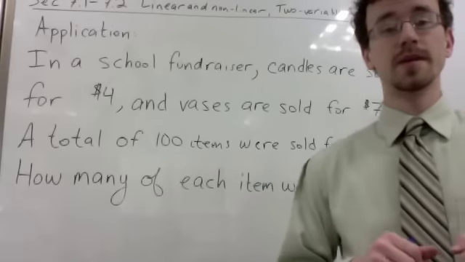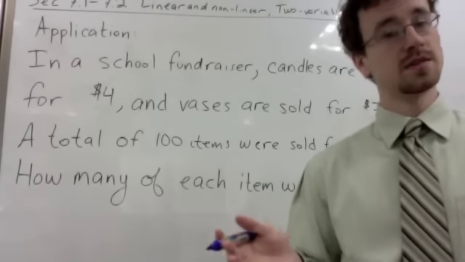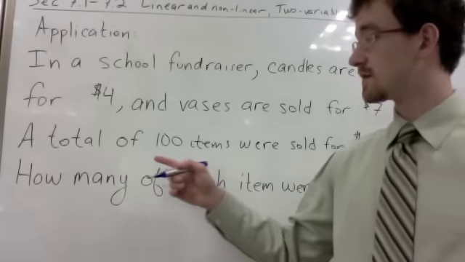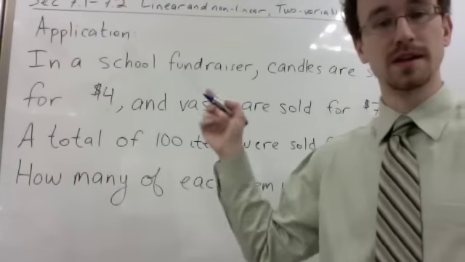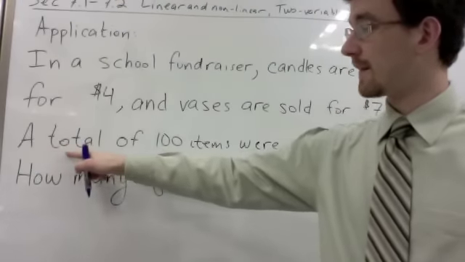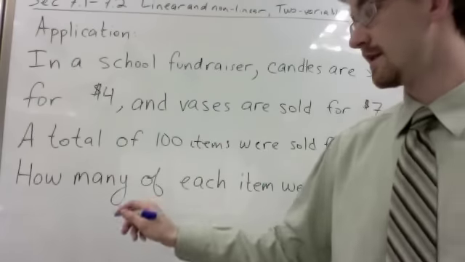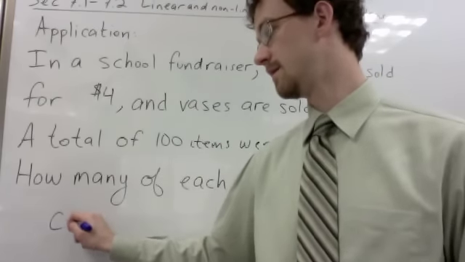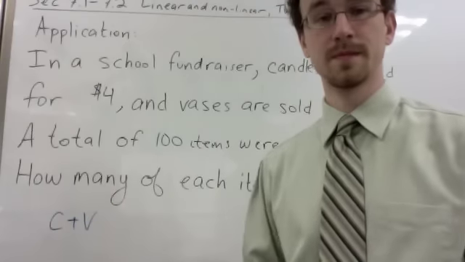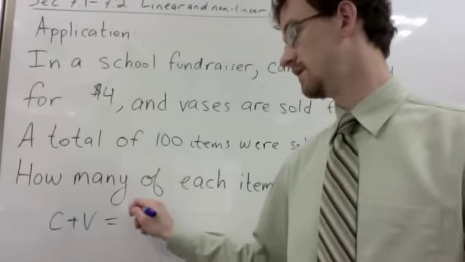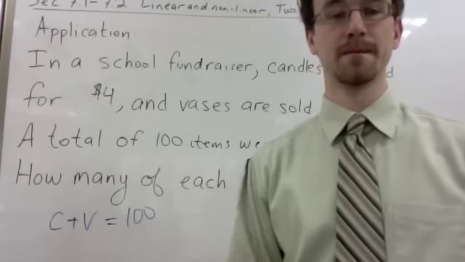We can figure this out by writing a system of equations and solving it. So our first bit of information, we get the prices of each. We find out that a total of 100 items were sold. So that means that the number of candles plus the number of vases sold is equal to 100.